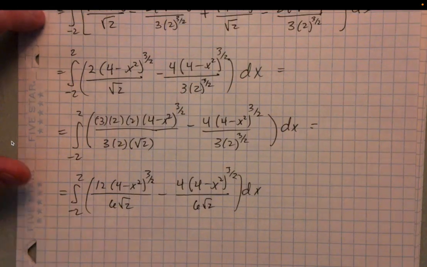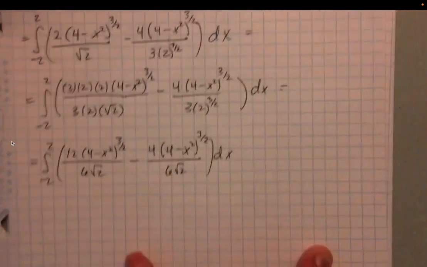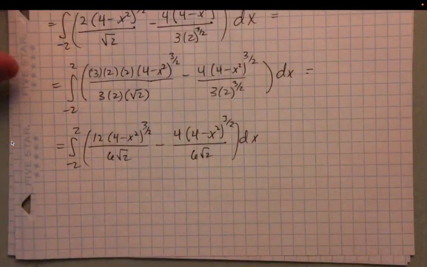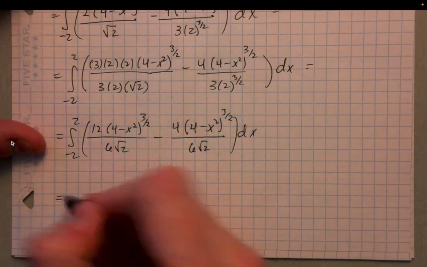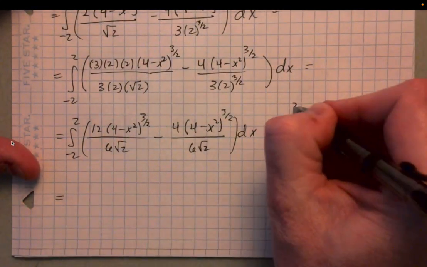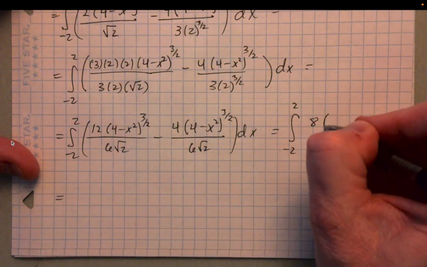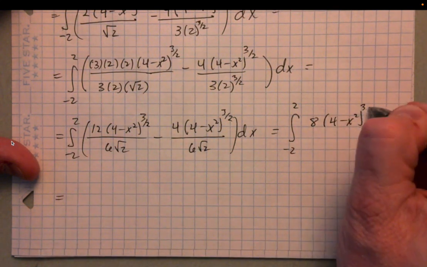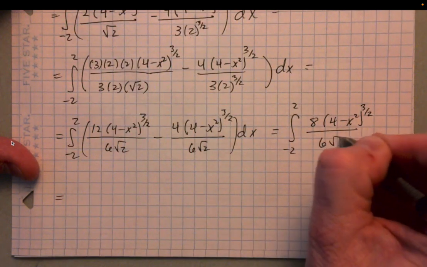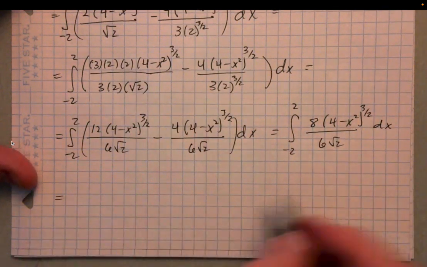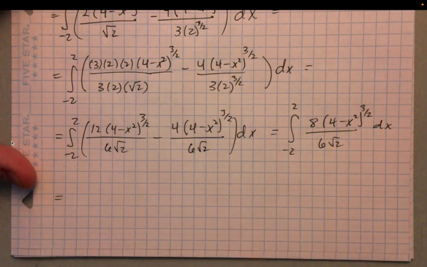Okay. And so now we can combine them. All right, so we can combine them now. And well, maybe I'll do it over here. So 12 minus 4 is 8, basically, right? That's all you have to do there. Like so. And let's pull all of the constant terms out.